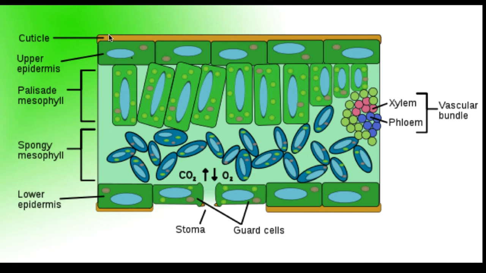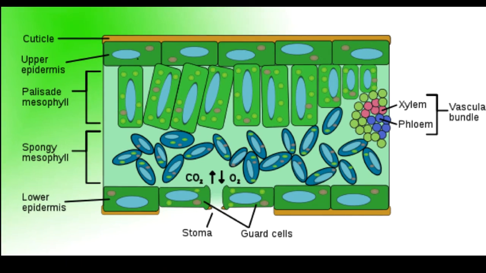You see that the top part is the cuticle or waxy coating. Notice this part and this part. Like I said before, the outermost part of a plant's body is the epidermis. So we have the epidermis here and also here. Since it's located at the top, we call it upper epidermis. Since this one is located at the bottom, we call it lower epidermis.